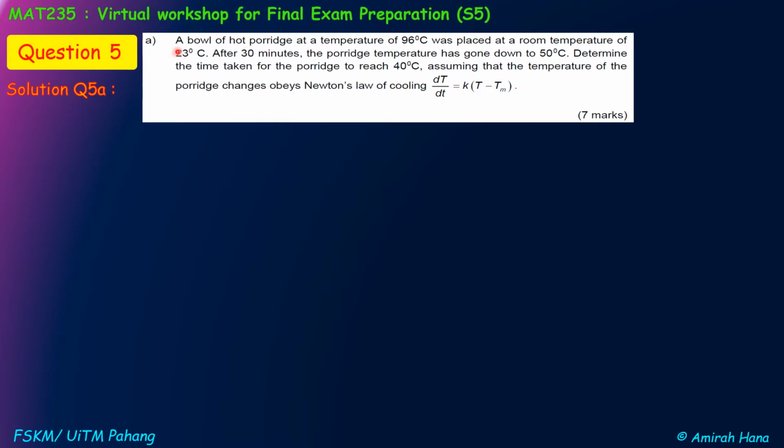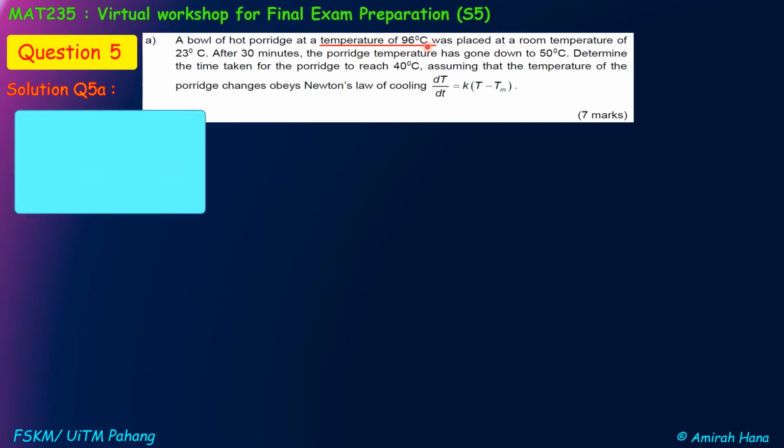A bowl of hot porridge at a temperature of 96 degrees Celsius was placed at a room temperature of 23 degrees Celsius. So we can write T0 equals 96 degrees Celsius, and from the room temperature, Tm equals 23 degrees Celsius.